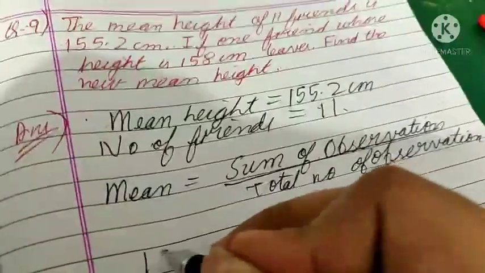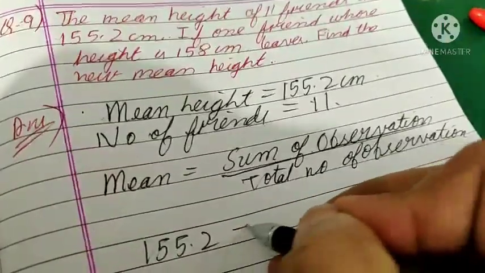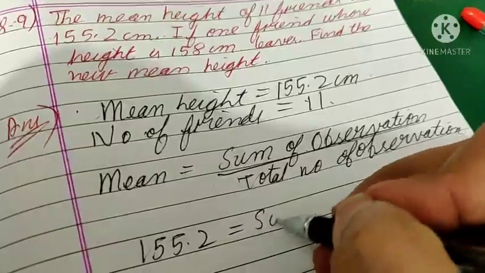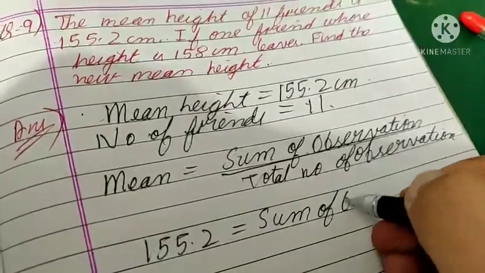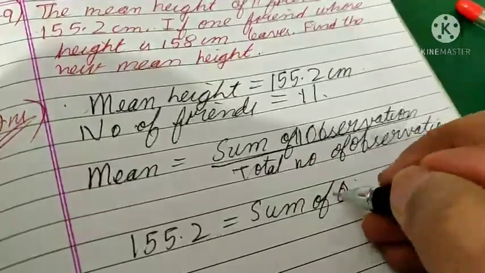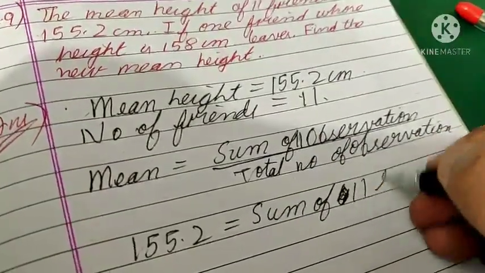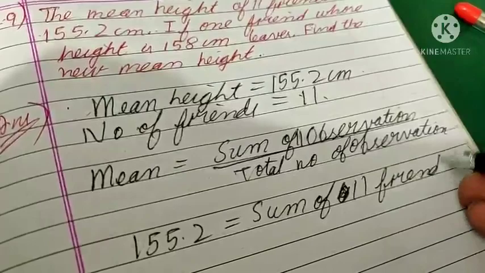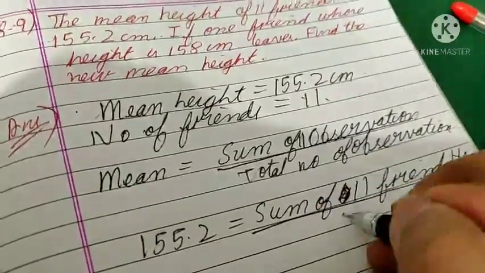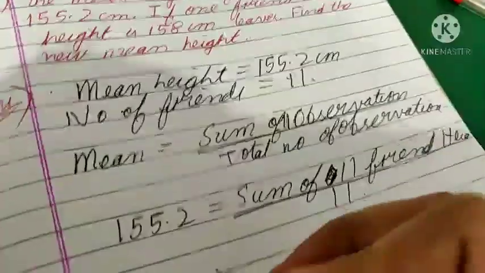Here the mean is 155.2, but the sum of observations is not given. We need the sum of 11 observations, because there are 11 friends. Mean is sum of heights upon total number of friends, which is 11.